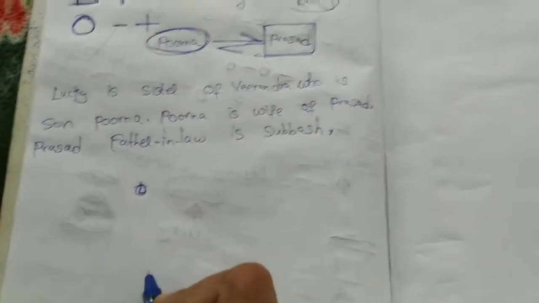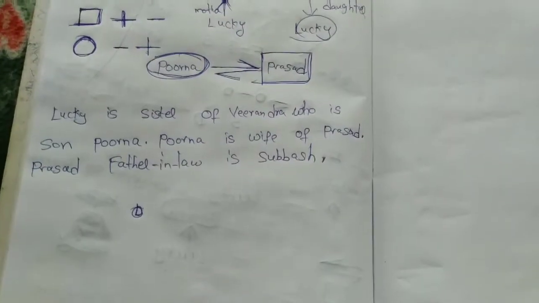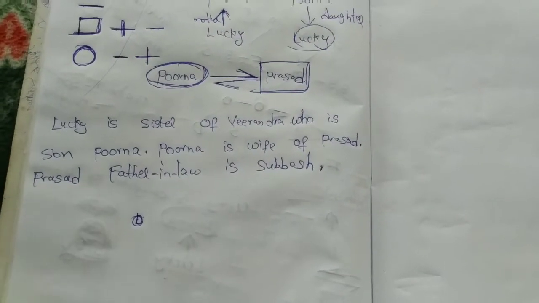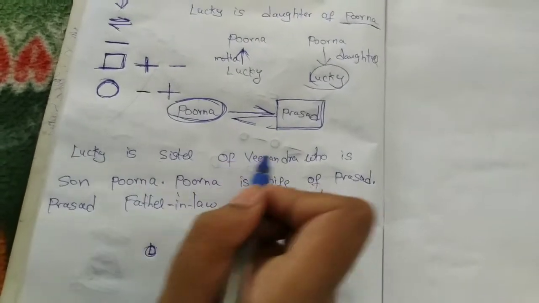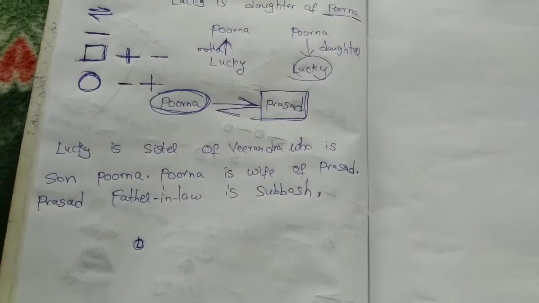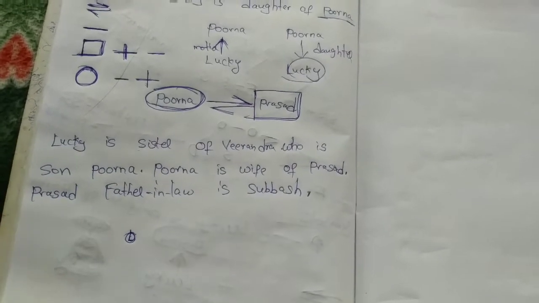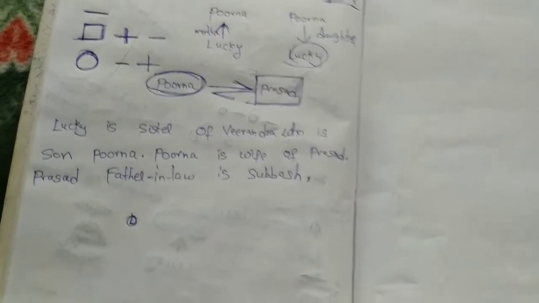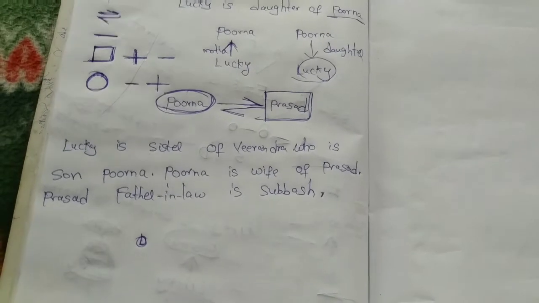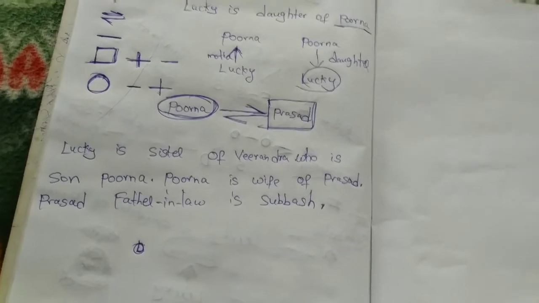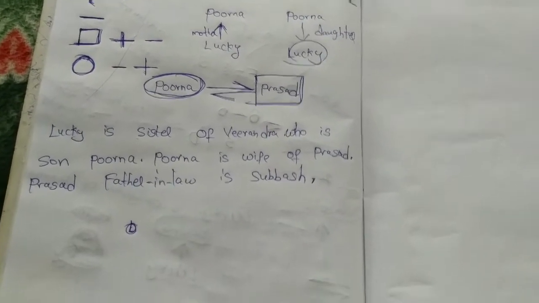See now, how can we represent this one? Lucky is sister of Virendra, which means Lucky is female. Sister or brother, siblings, means this symbol, right? So, Virendra.